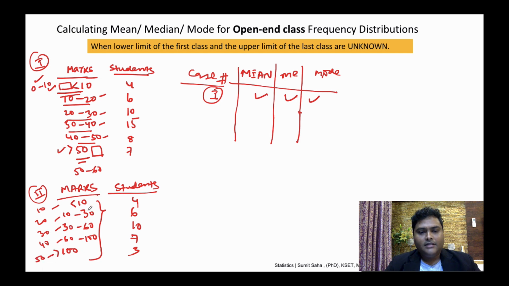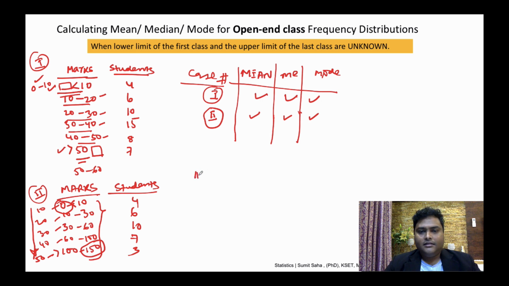So the classes will be 0 to 10 and 100 to 150. Hope you have understood this. What we have tried to understand is the sequence in the class widths of the class intervals. So in case number 2, yes, I can calculate the mean, the median, and also the mode.